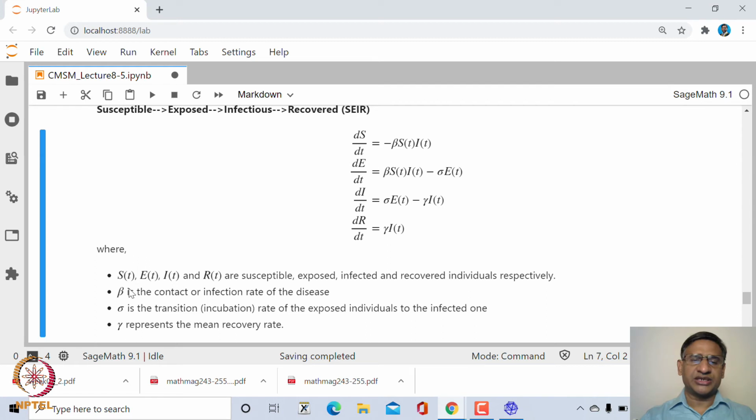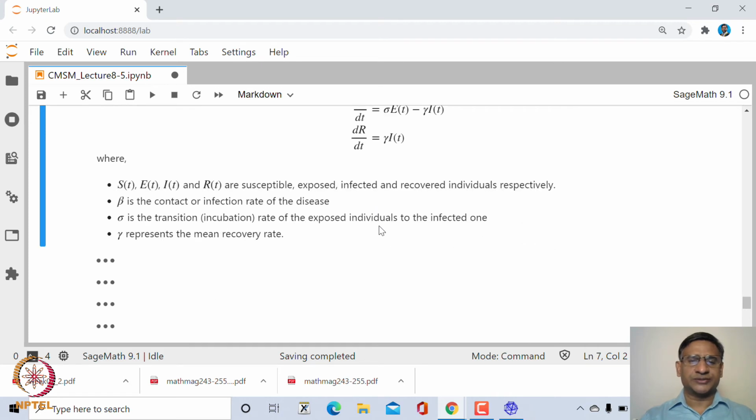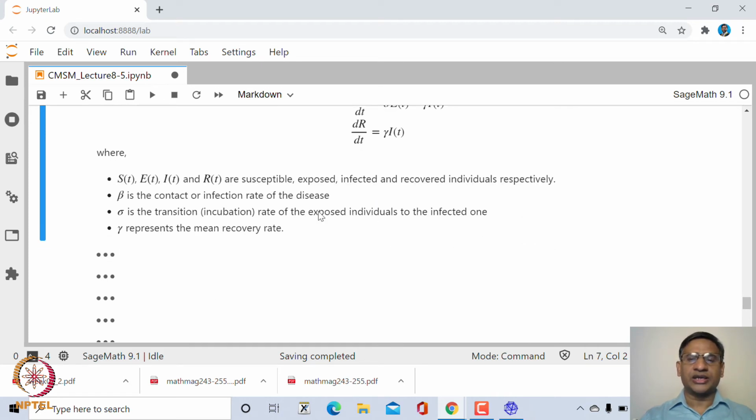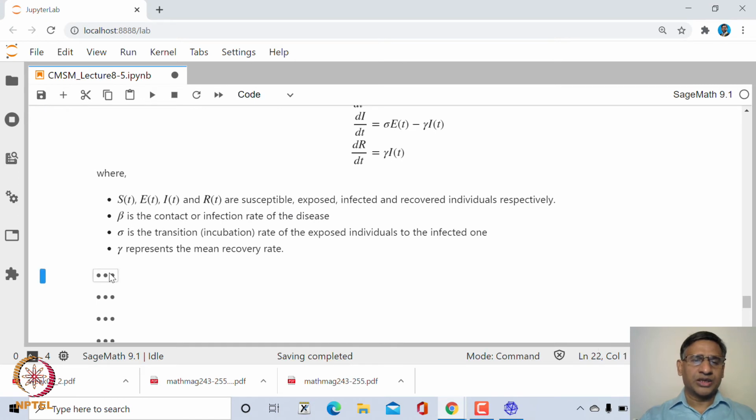So these parameters beta, sigma and gamma govern this particular system of equations, which tells you how susceptible patients are exposed to the disease, become infectious, and recovery takes place. So let us look at how we can program this in order to visualize the solution of this model.